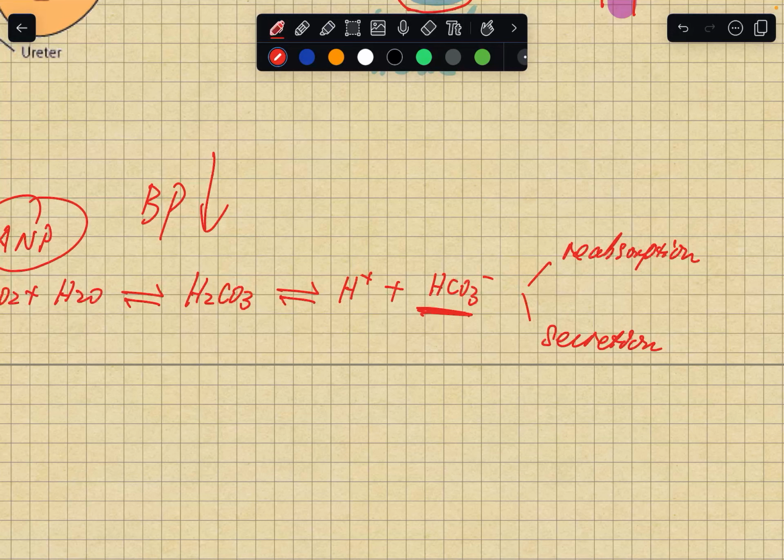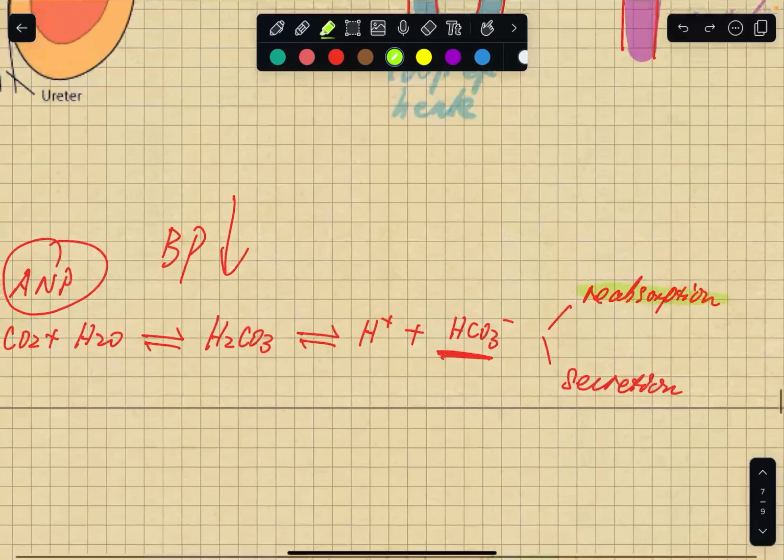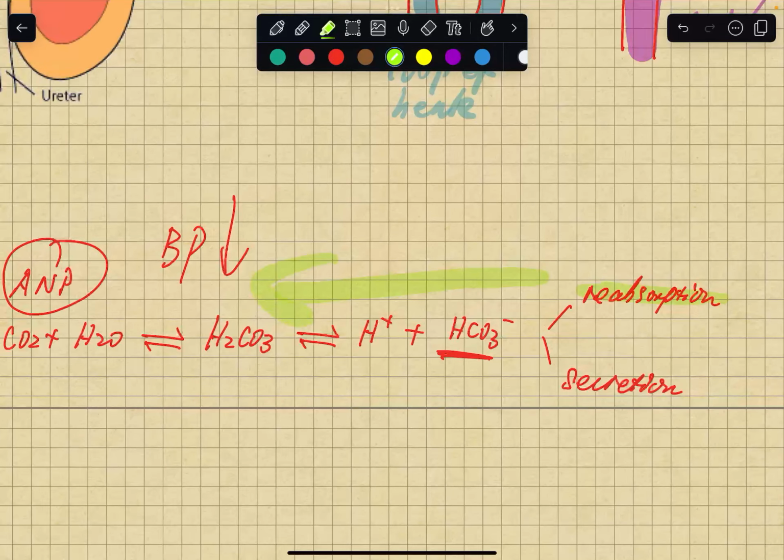Okay, so basically, when you have a lot of reabsorption, that means you have a lot of bicarbonate in your blood, right? And if you have a lot of this in your blood, Le Chatelier's principle will say, oh, I have so much of this, so it will drive the reaction toward this way, right?